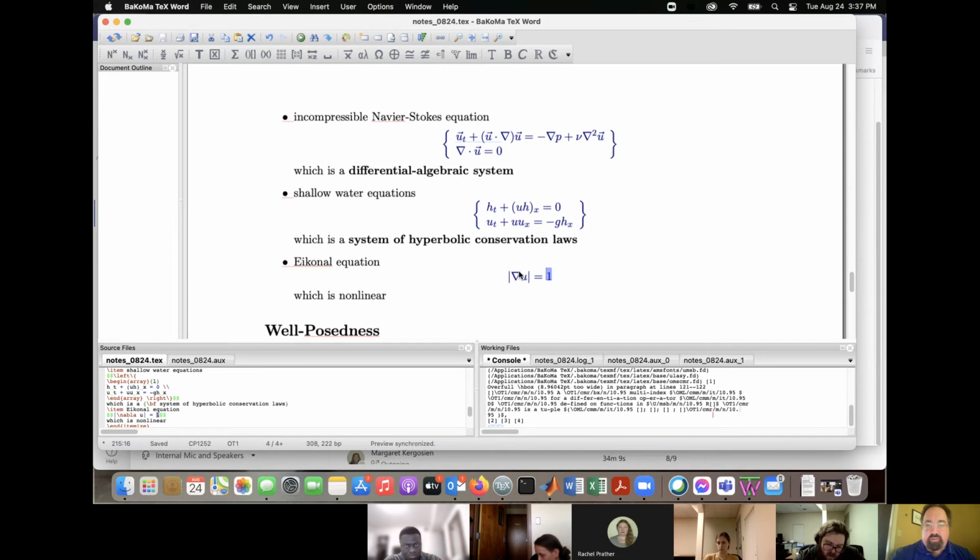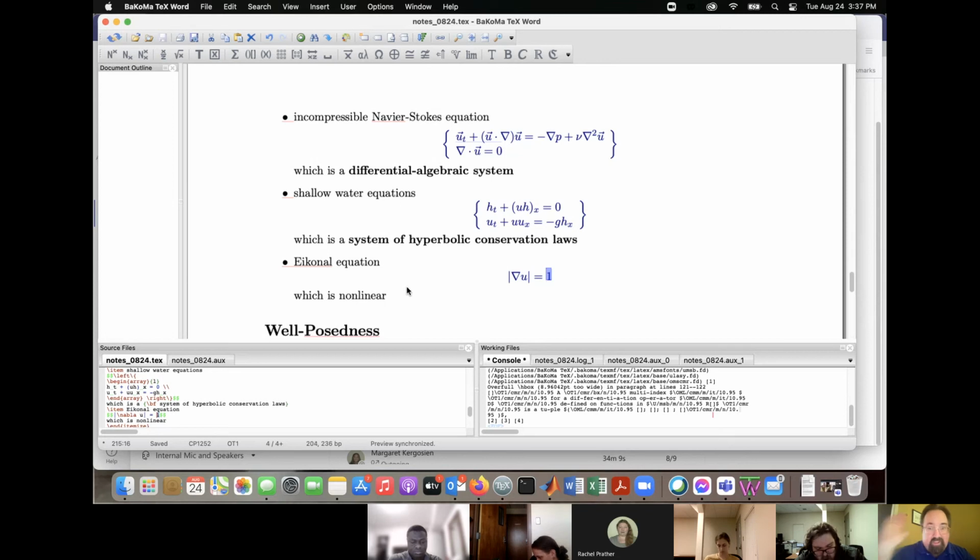Then the solution, u, represents the arrival time at x, wherever you're evaluating it, from a point on the boundary, like the minimum arrival time. And there are very interesting numerical methods, for example one called the fast marching method, for solving the equation.